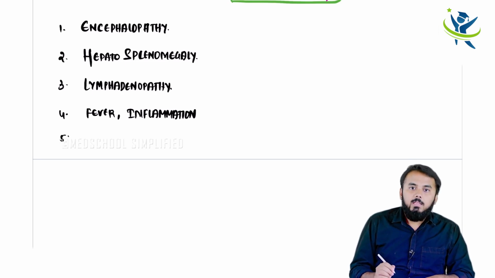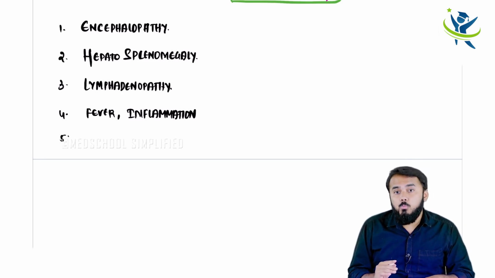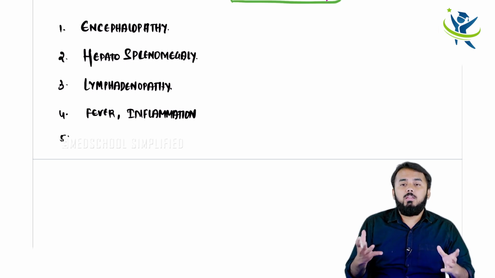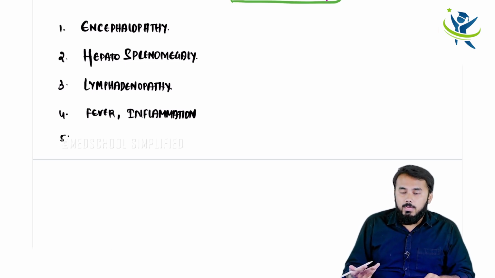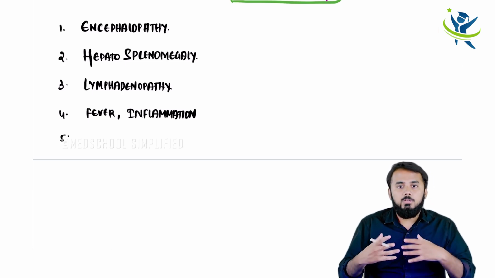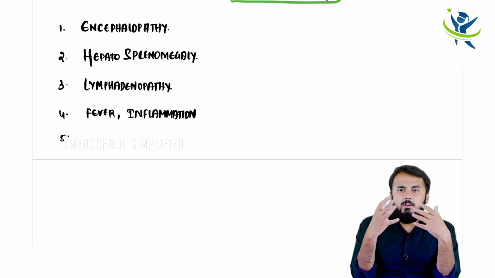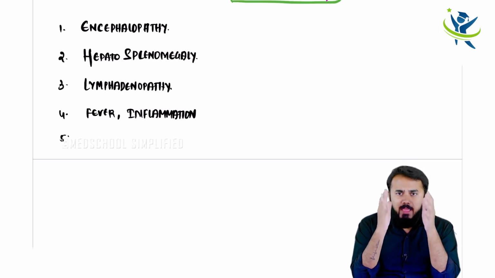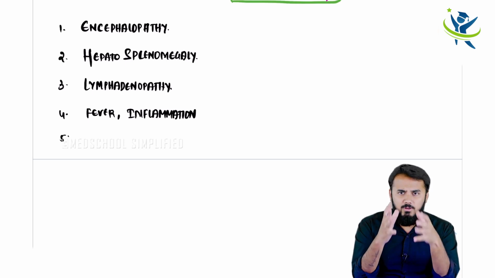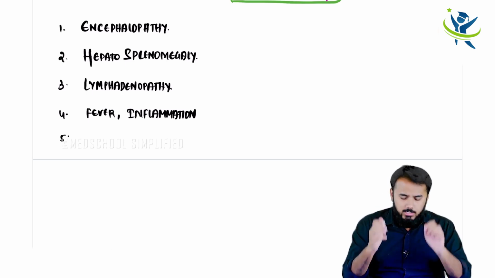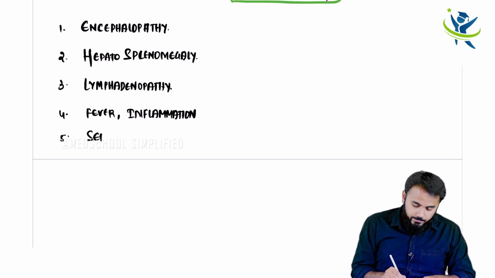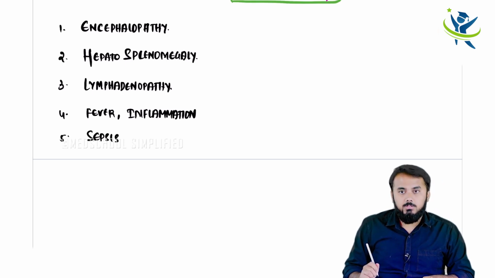Fifth important thing: when the bacteria is too much, it will cause excess release of interleukin 1 and interleukin 8, and that will cause severe inflammation in the body, and this condition you call sepsis. Patient can also have sepsis.